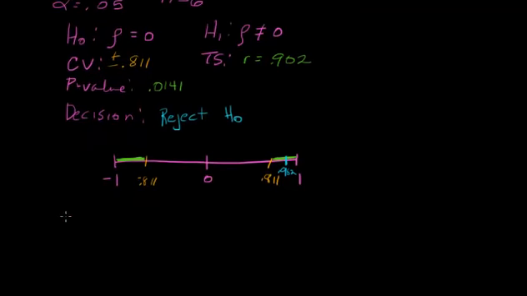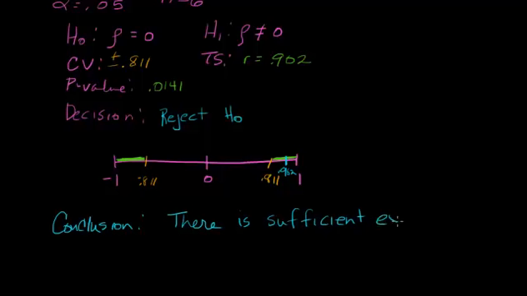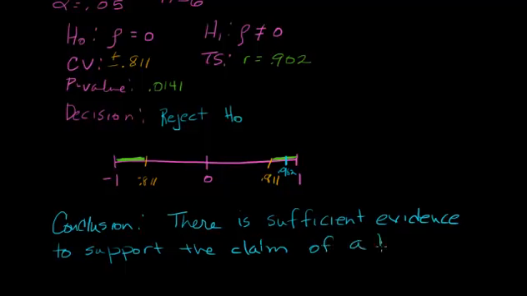Rejecting H0 means that our conclusion is there is sufficient evidence to support the claim of a linear correlation between eruption duration and the interval after.